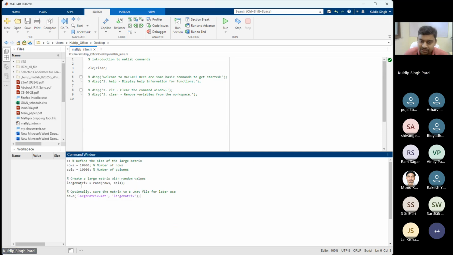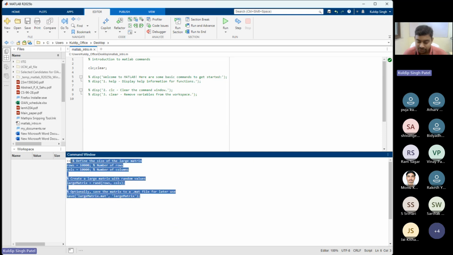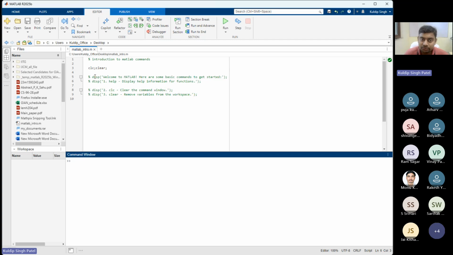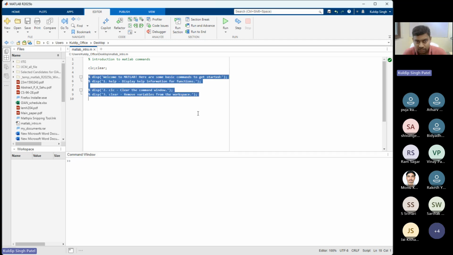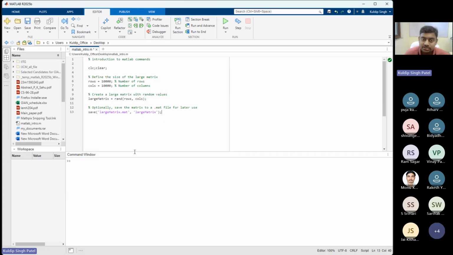What you do is take rows, 10,000, and columns, 10,000, and then it created a matrix. Its name is, suppose, A.